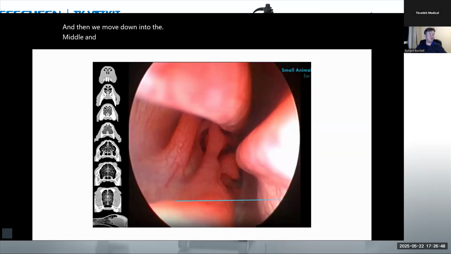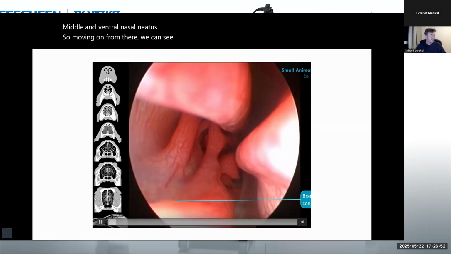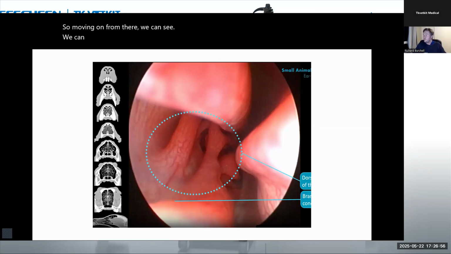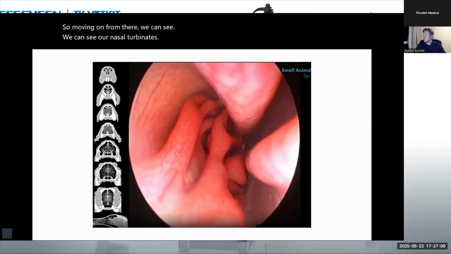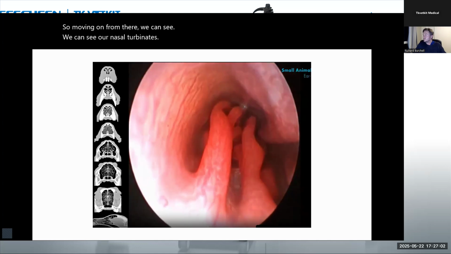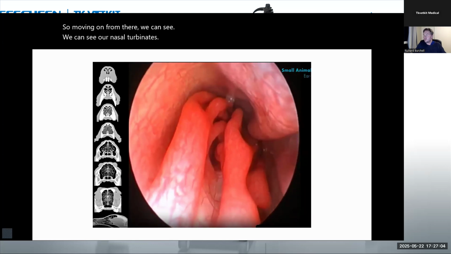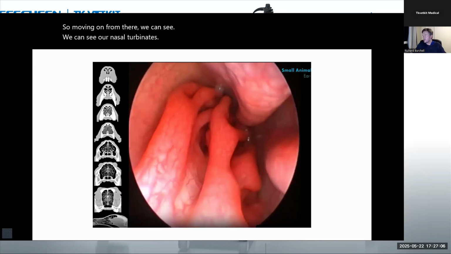So moving on from there, we can see our nasal turbinates. This is a normal dog, so we don't have any pathology in this.